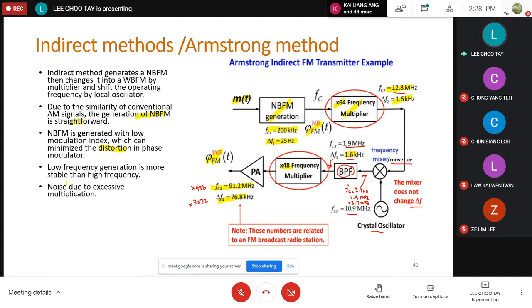Generation of narrowband FM at a low frequency, which is only 200 kilohertz, instead of straightaway generating a signal at 91.2 megahertz from a baseband of maybe 10 kilohertz, is more stable. Your narrowband FM signal at this point is more stable, and only after that do you multiply. But the problem with too much multiplication is that it will give you some excess noise. That is something you need to be aware of.